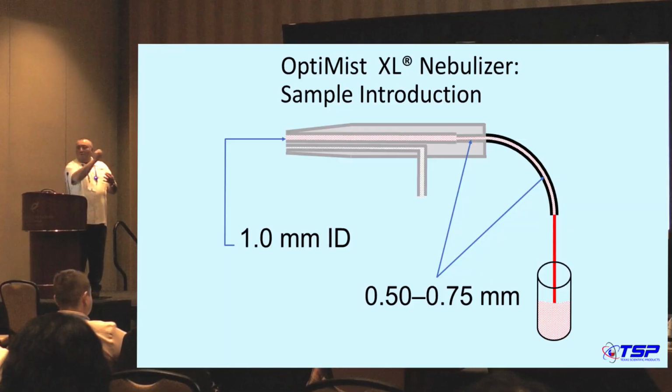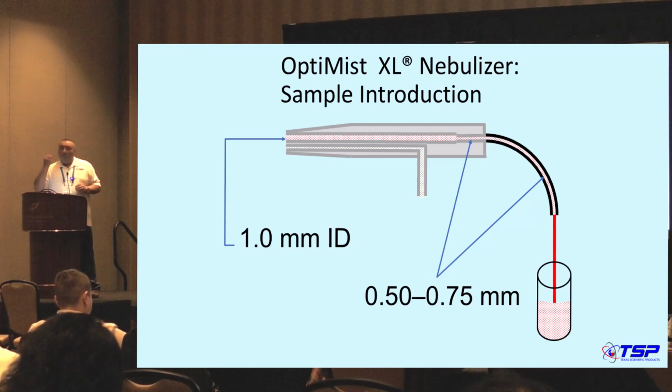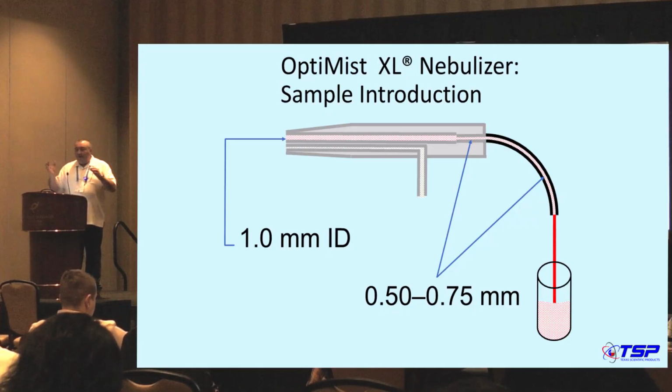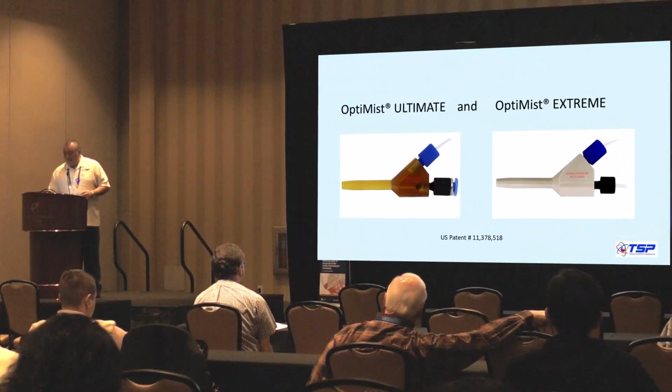It's going to go through and get spit out. That's why these types of nebulizers do not clog from particles in your sample. They still can get blocked on the gas if high salt is present, and that is handled with argon humidification.